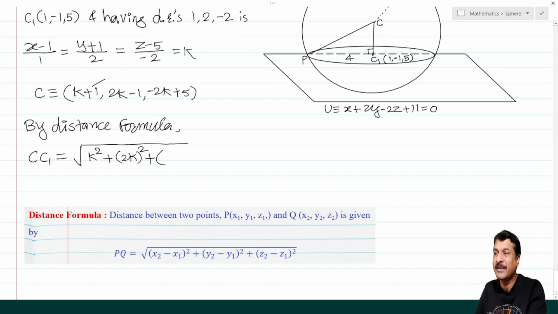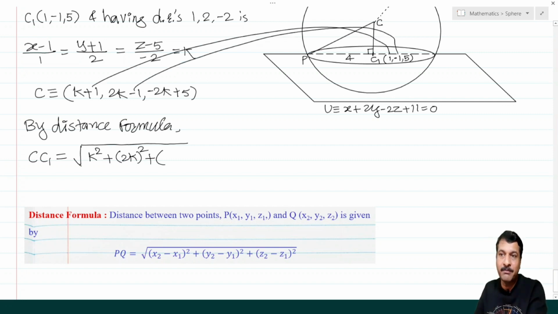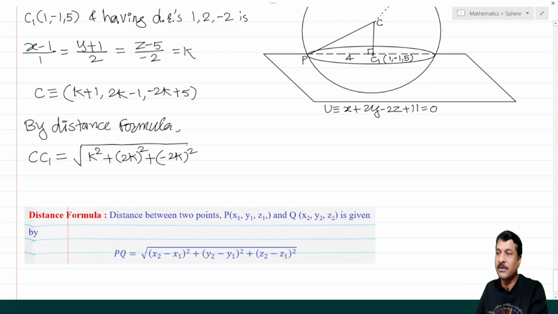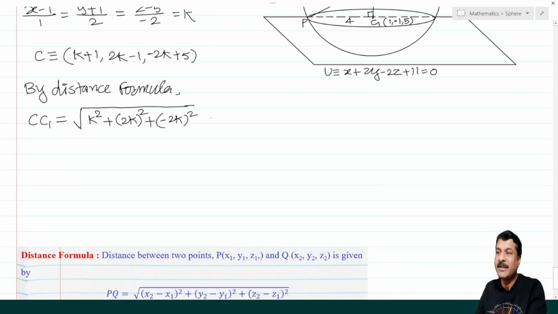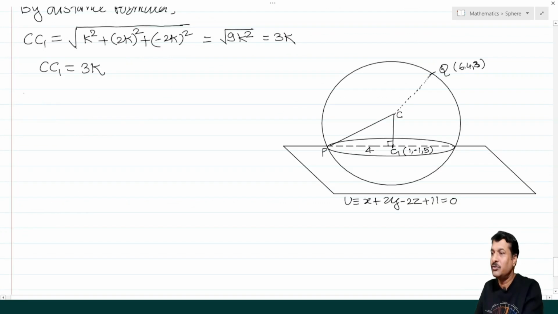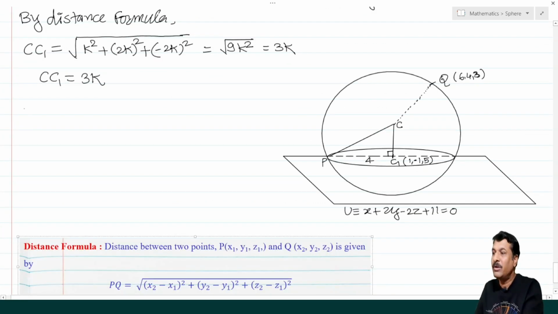Note that I am taking this k plus 1 minus 1, 2k minus 1 minus of minus 1 means plus 1, minus 2k plus 5 minus 5. So here the square. So find this one. I am getting it is under root of 9k square, which is equal to 3k. So we have now CC1 equal to 3k. Now our next target is CP. So again by the distance formula, what is CQ?